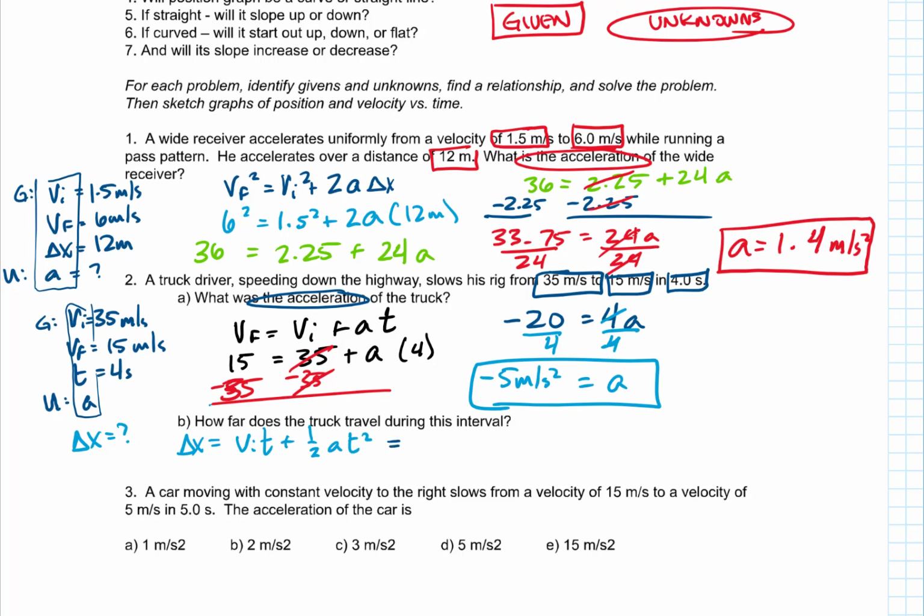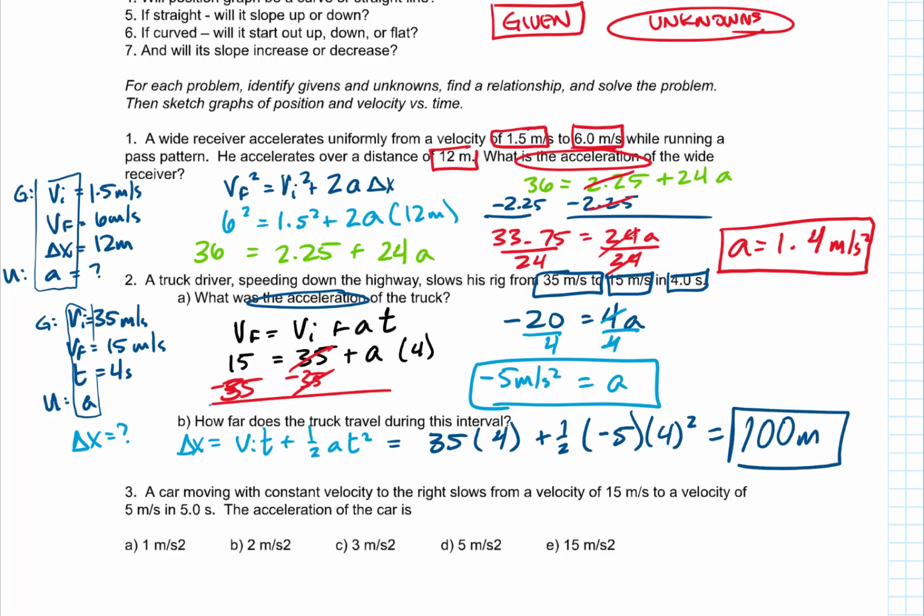There's no algebra that we have to do, so it's the initial velocity 35 times the time of 4 seconds plus 1/2 times the acceleration of -5 times the time of 4 seconds squared comes out to be 100 meters because we're solving for delta x.